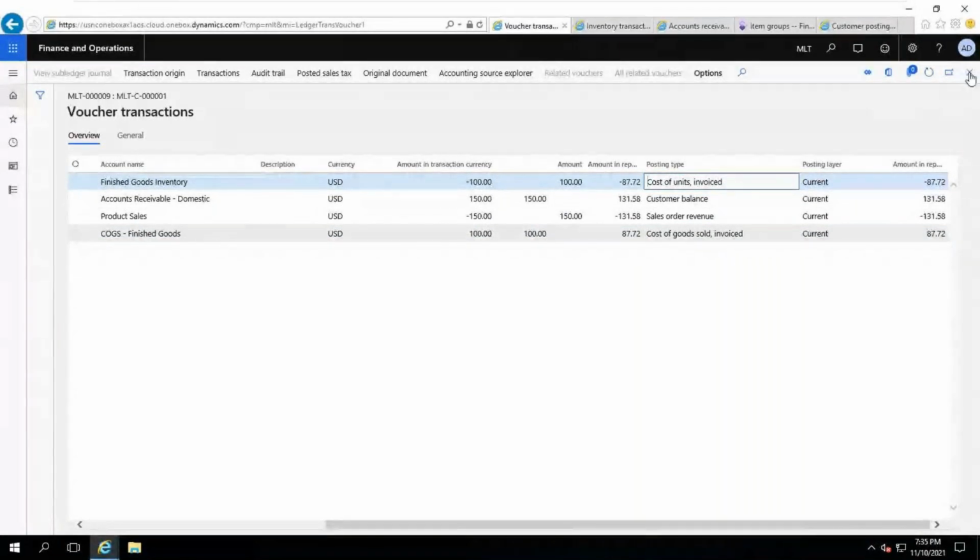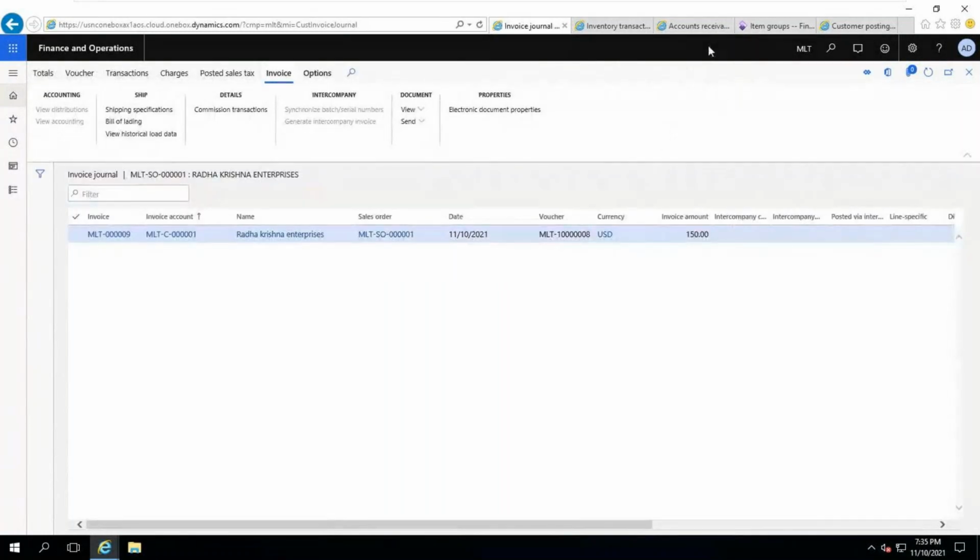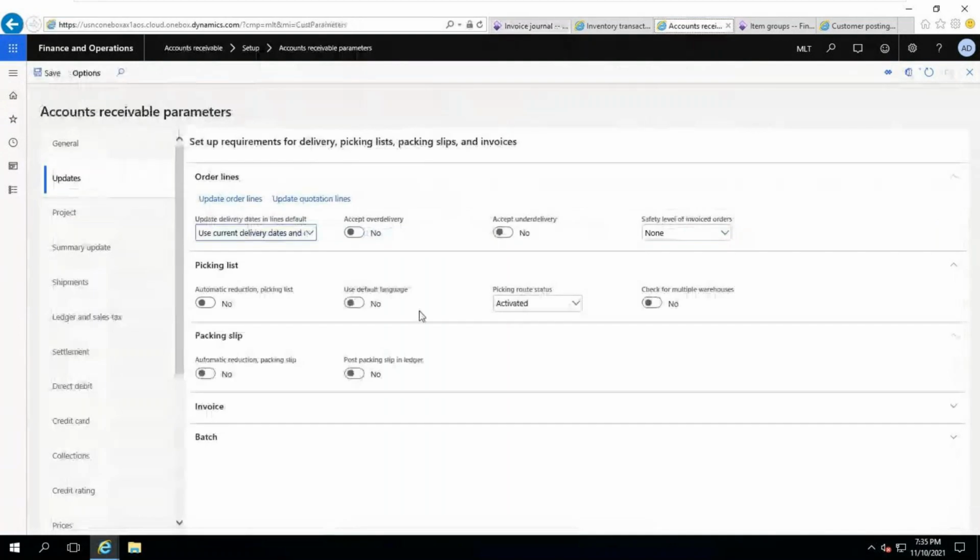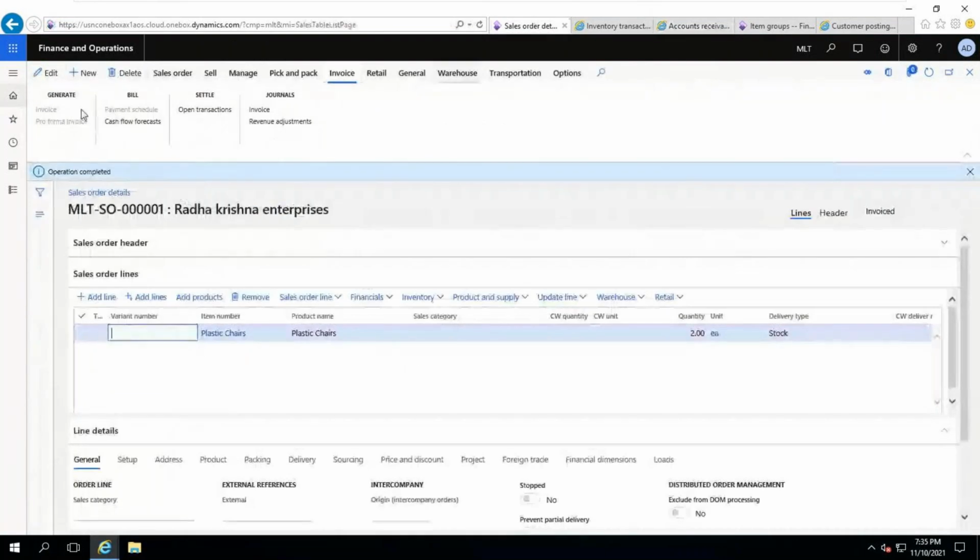Give me another 2-3 minutes. Let me do another sales order. But now what I'm doing, I'm enabling this checkbox. Post packing slip in ledger, I have enabled. Now let me create one more sales order and let me get errors at the time of packing slip.